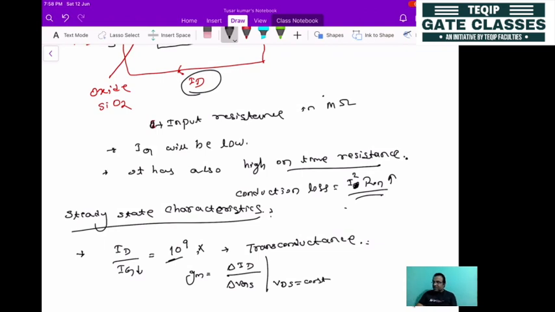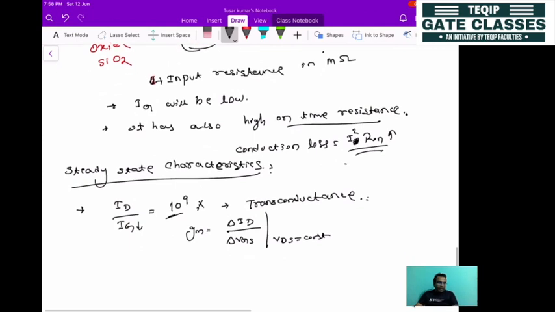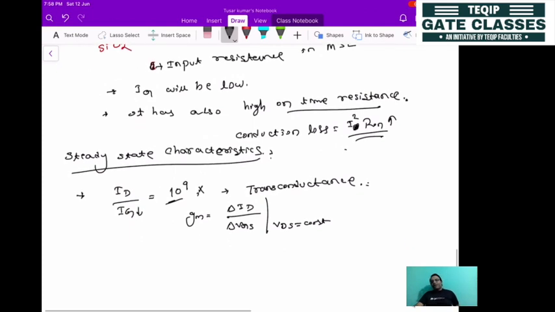Here, transconductance is one of the figures of merit used for classifying these MOSFETs. Transconductance relates the output parameter to the input parameter. So that's why, instead of the input characteristics in the case of the MOSFET, we will be drawing what are called transfer characteristics.